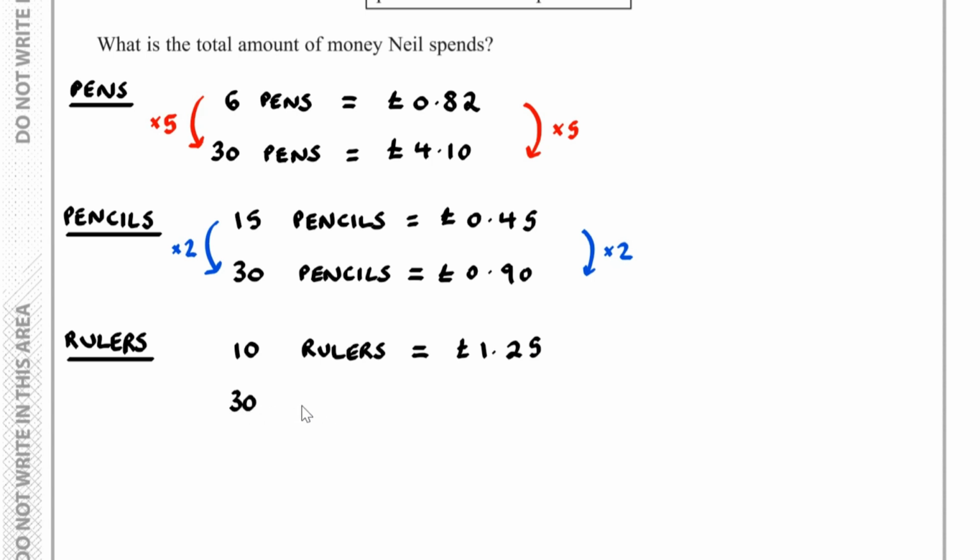So for 30 rulers, what we would have to do is multiply by 3. So what we end up with is £3.75.